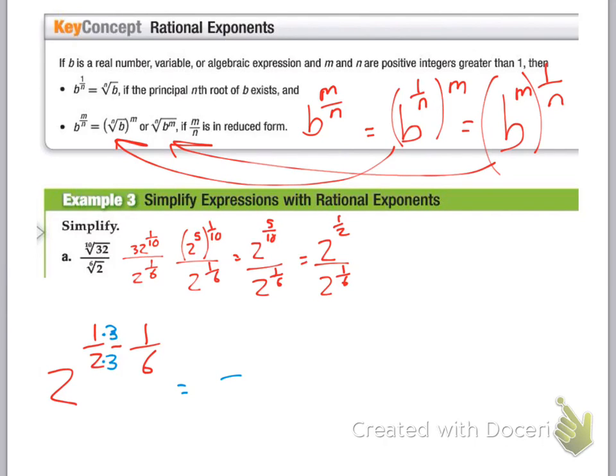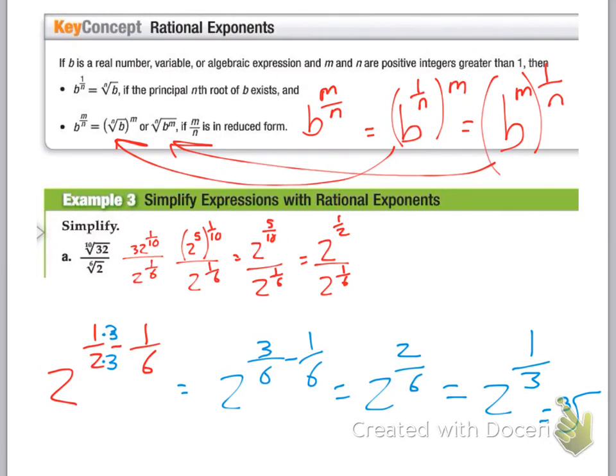So I end up with 2 to the 3/6 minus 1/6, which is 2 to the 2/6, which is 2 to the 1/3, which if I switch it back to radical form, then it'd be the 3rd root of 2.